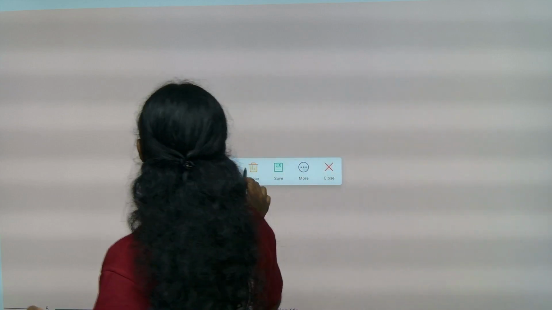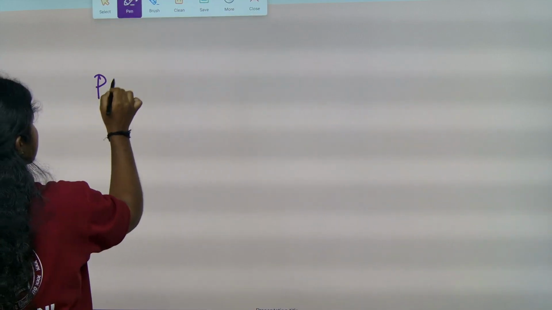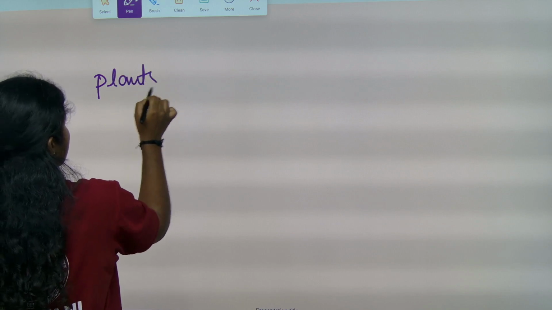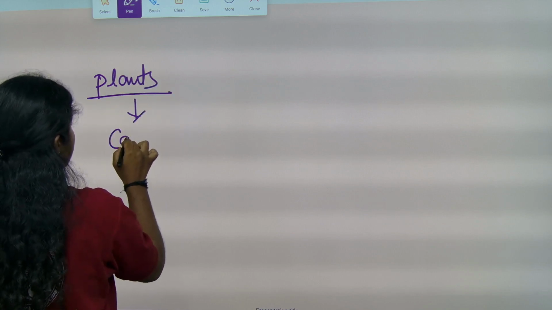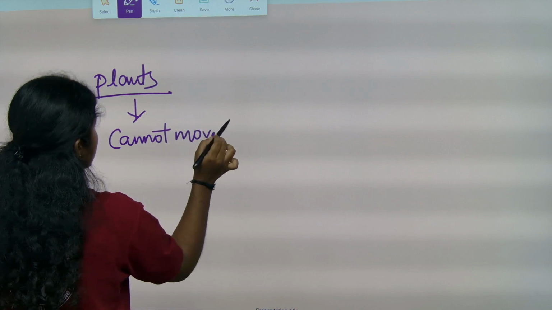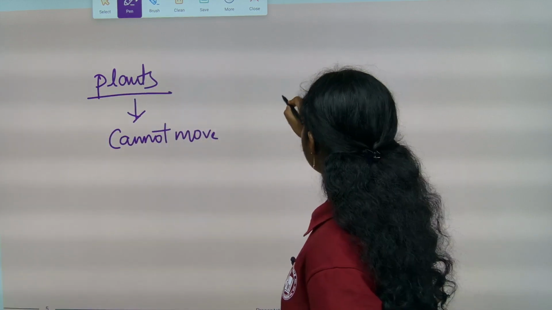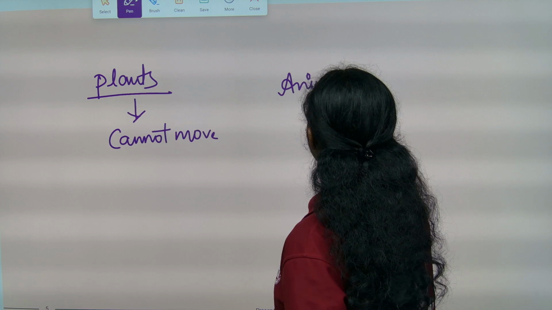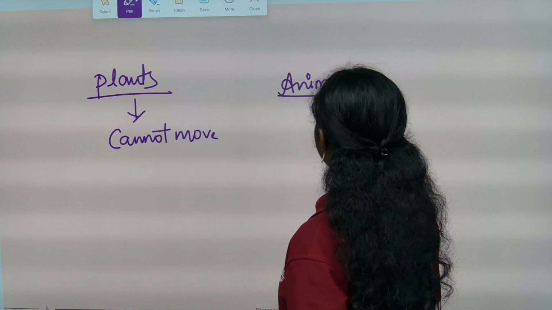Of course, they are mobile organisms. Plants cannot move, but animals can move.